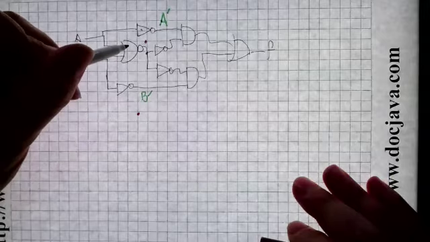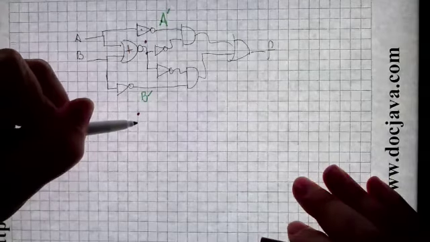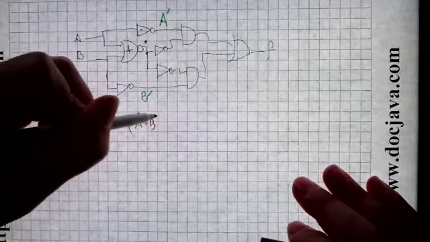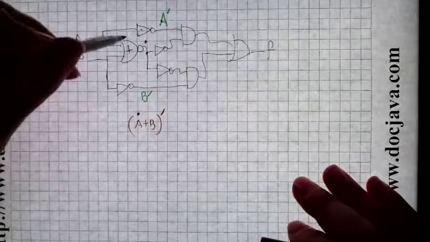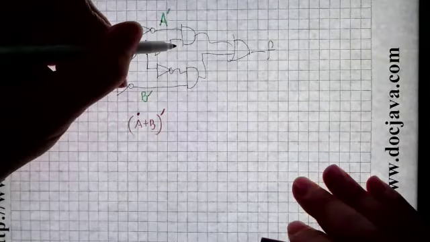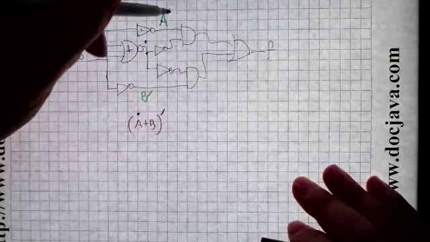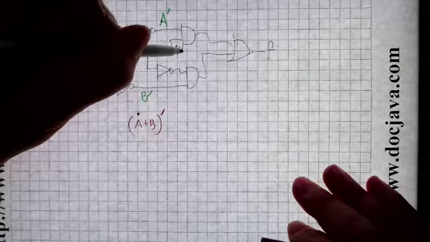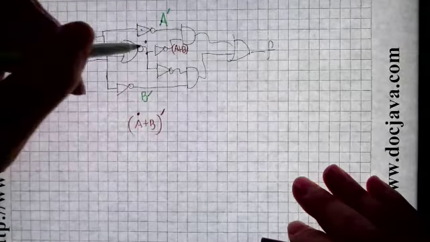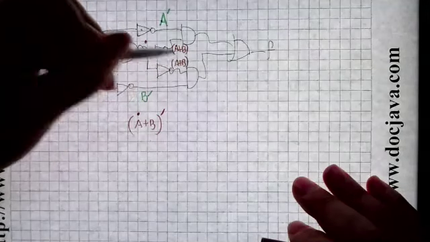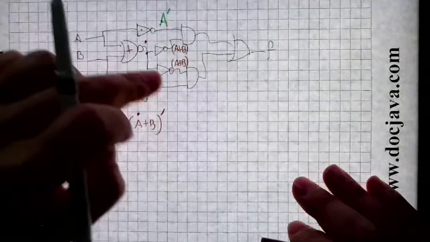Well, that's an OR. So it's A or B inverted. I'm writing it over here because I needed the space. But what comes out over here, if that's A or B inverted, we invert that, and so we must have A or B. And that must be A or B over here as well, because we inverted the inverter.